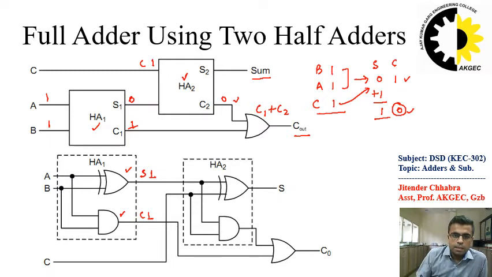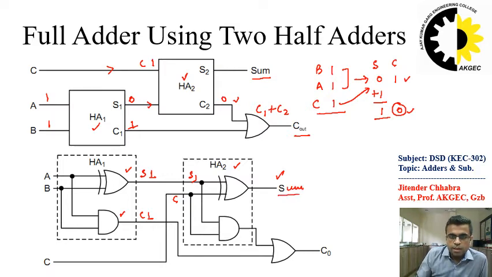Similarly, I can see here this S1 was added with this C using another half adder. S1 and C are added again using another half adder. Okay, so this is the second half adder and this generates the final sum.